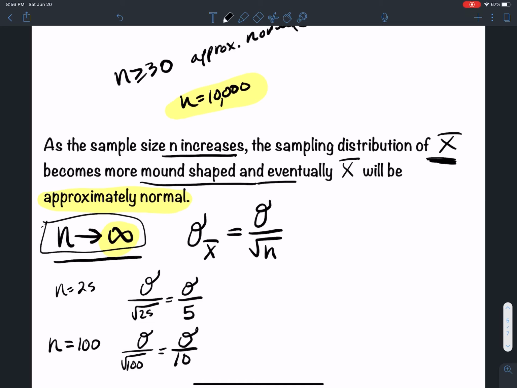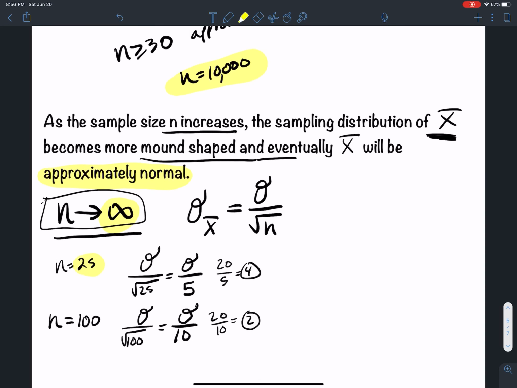If sigma is 20, then 20 divided by 5 gets me 4, and 20 divided by 10 gets me 2. What's happening? As n gets bigger, the value of the standard error gets smaller. It gets smaller as n gets larger.